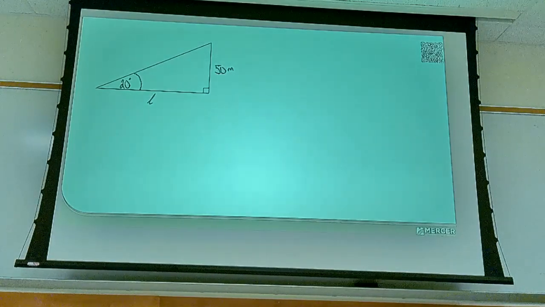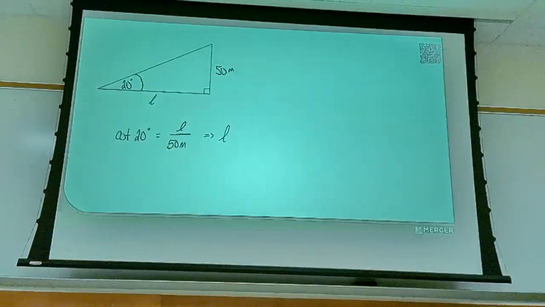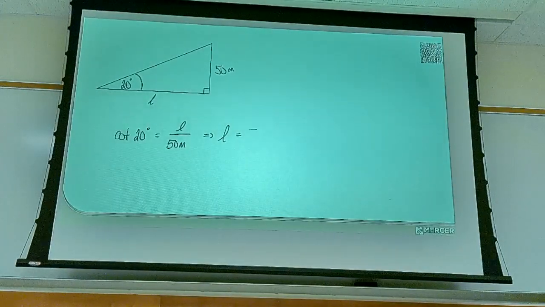Cotangent. Right, so either tangent or cotangent. Do cotangent: cotangent 20 equals L over 50, and then multiply 50 by both sides. And then you do 50 cotangent 20.